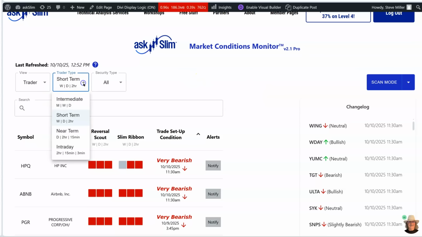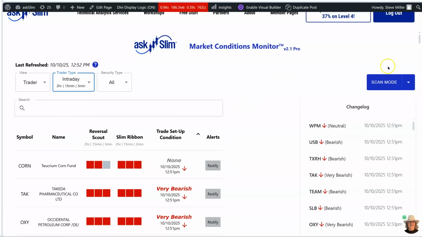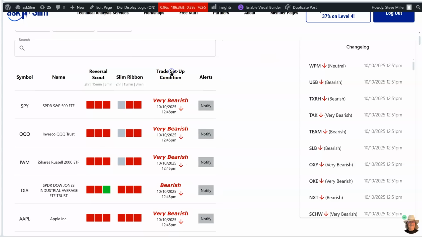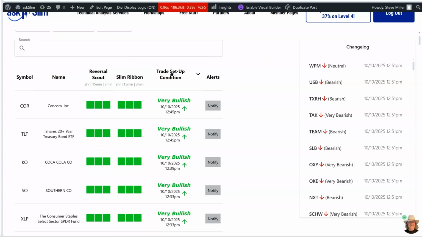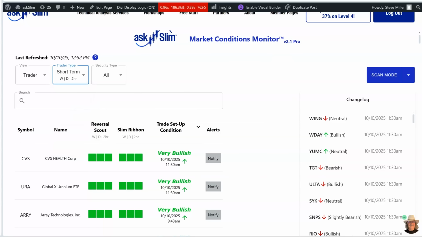If you would go to the near term right over here, it's telling you the ones that are changing today that have gone very bearish right over there. If you're an intraday trader and you take level 4, then this will also help you with that and show you which ones are very bearish or very bullish based on what's going on today on the intraday right over there. So just a great application that we use, and I think just a great way to look at the market.